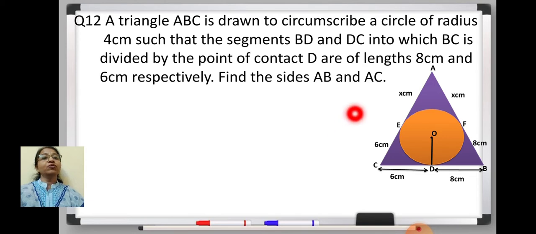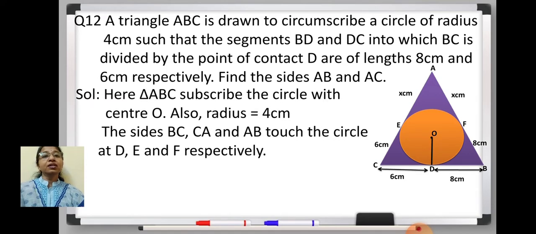So you have to find length AC and AB, right? So here also these points A, B and C are outside the circle. So we are going to use the same theorem, that tangents drawn from an exterior point to a circle are equal in length.